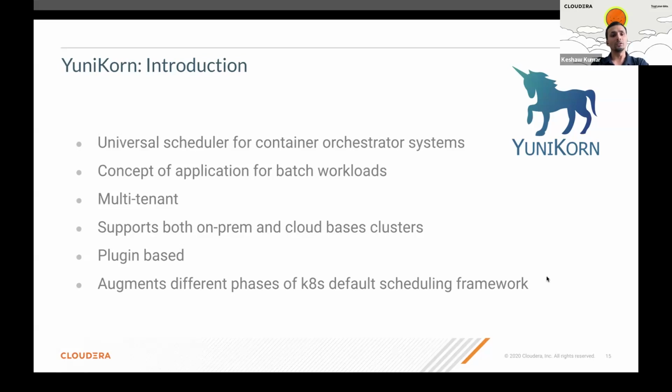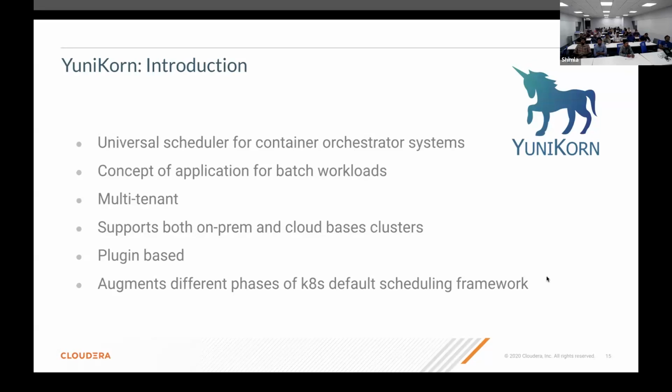So what is Unicorn? Unicorn is a scheduler. It is agnostic to the underlying orchestrator platform, which means that it works with Kubernetes, and it works with YARN also. Then Unicorn has a concept called application, which is not there in the default scheduler.